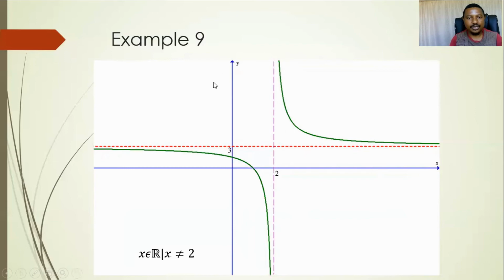You can find the value of this function everywhere else except at this point here where you're having your horizontal asymptote. That means it will be all of R except 3. So the way of writing this, we will say y an element of real numbers such that y is not equal to 3.